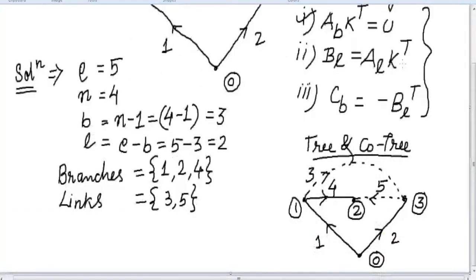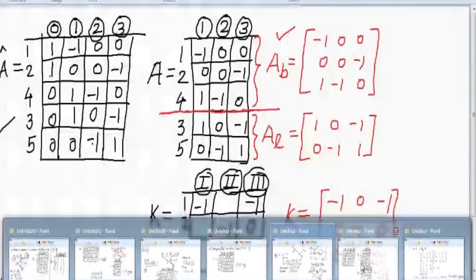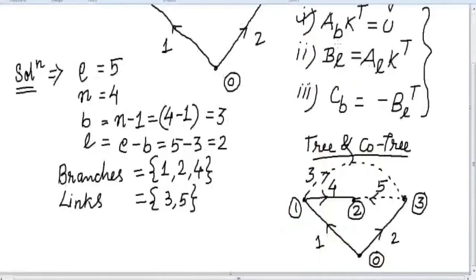Out of which you already have K transpose available with you. You already have AL available with you. What is AL? AL is this matrix which we have already calculated while solving the A matrix. Then what is left to you? What is left is BL. So what will be BL? For BL, you need to first find the basic cut set incidence matrix.